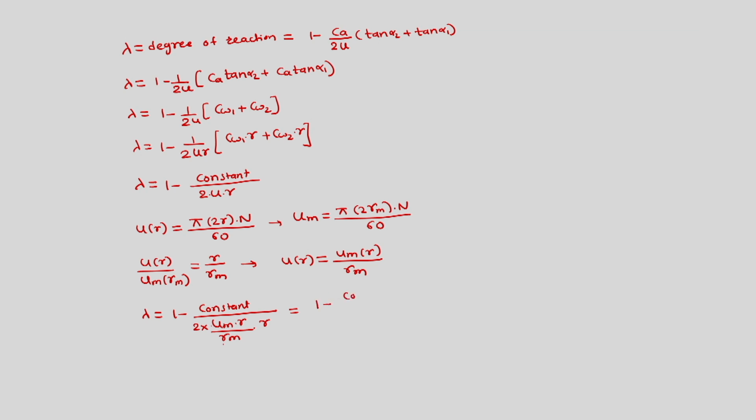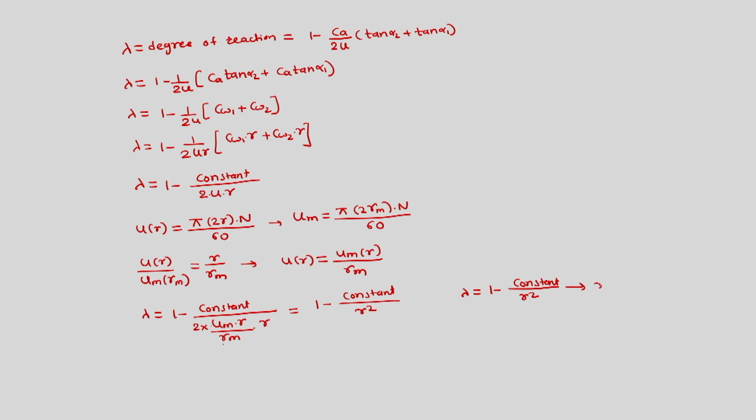So 1 minus that constant will get further strengthened and we will have only R square. So this expression says that lambda is equal to 1 minus constant divided by R square.